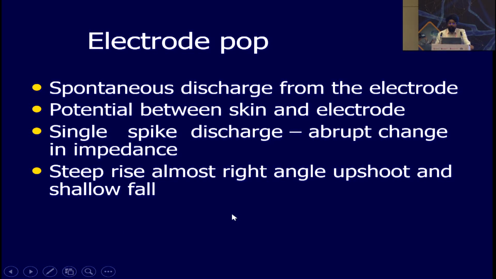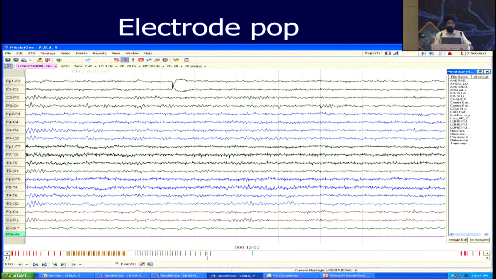Now, a pop is usually a spontaneous discharge from the electrode. There is a potential between the skin and the electrode, a single spike discharge because of an abrupt change in the impedance, and you have a steep rise and a steep fall. So it's a right-angle upshoot and a shallow fall, or it can have a steep fall also.